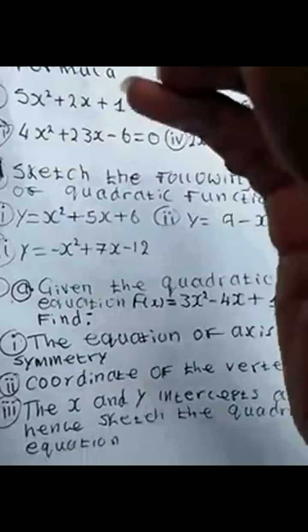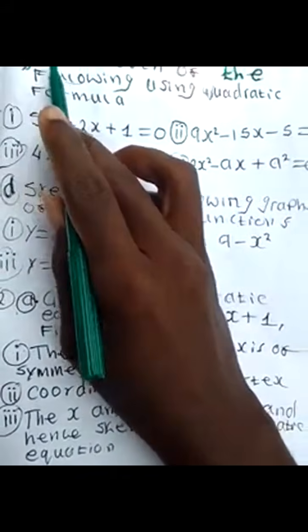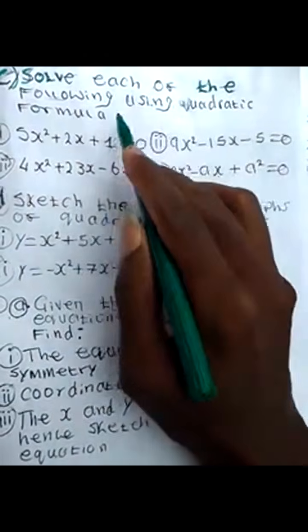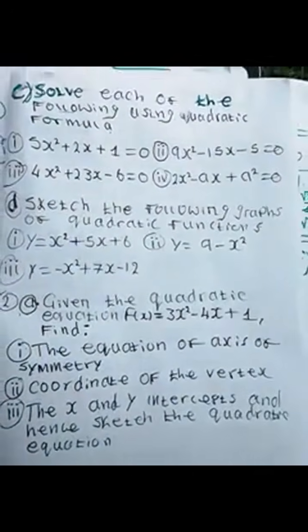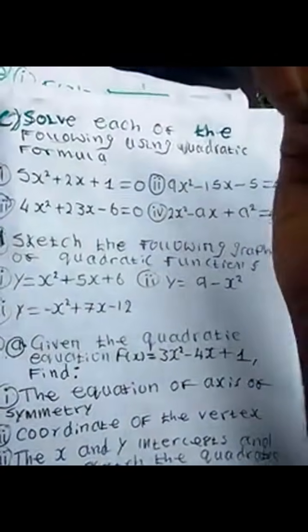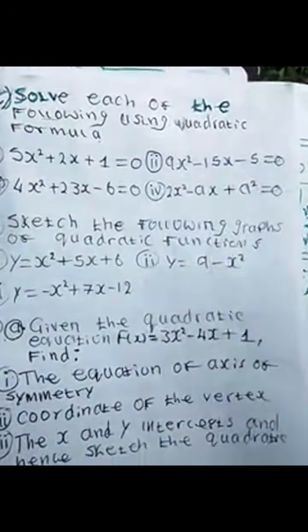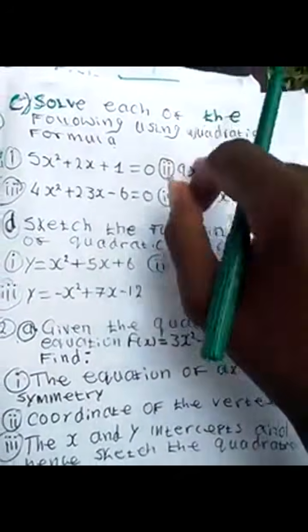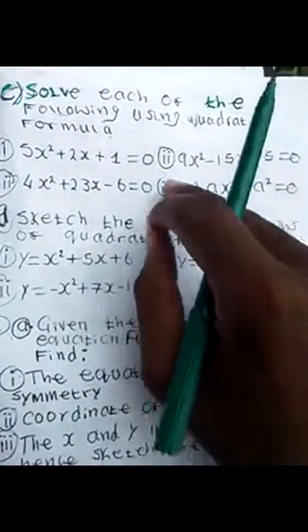Alright guys, so the other question, C, is saying solve each of the following using quadratic formula. So listen, so far we've looked at 3 methods that we can use to solve a quadratic equation. The first one is the complete the square method, the factorization method, and the last one is this one, quadratic formula. So this one, I don't think I'll solve any equation because you already know this.